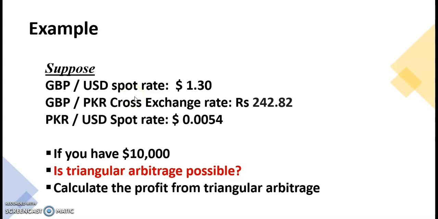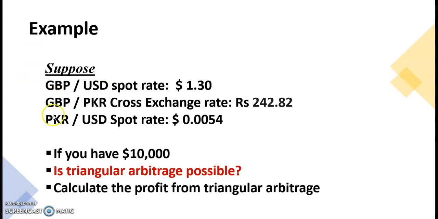The other currencies involved here are Great Britain pound per PKR, and the cross exchange rate is 242.82 rupees. This is the amount of Pakistani rupees it takes to buy 1 Great Britain pound. As I told you, consider GBP as a good or some item that we are buying from the market, so we have to pay an amount to buy it.